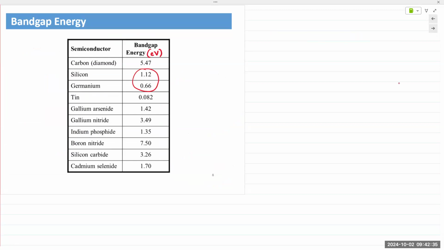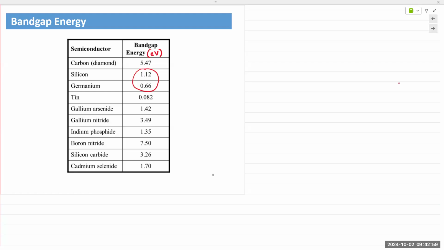Germanium actually has a lower band gap energy required than silicon. So in some respects, germanium is a better conductor, but silicon has many other advantages over any other intrinsic semiconductor.